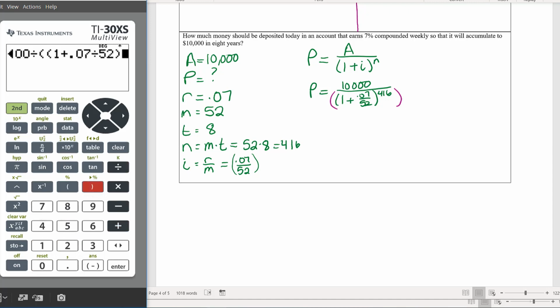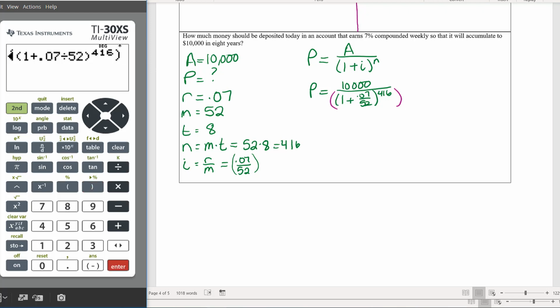Close your green set of parentheses, then raise it to the, that's the little caret button, 416. Now in my calculator, do you see how it's up high? I have to hit the right key so that it gets out of the exponent.